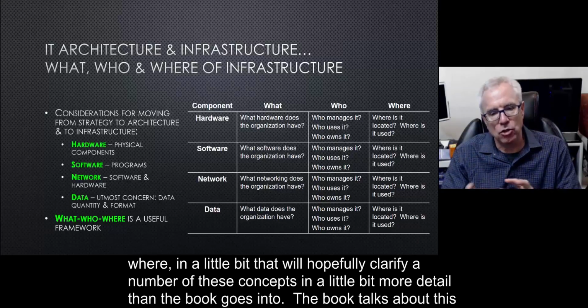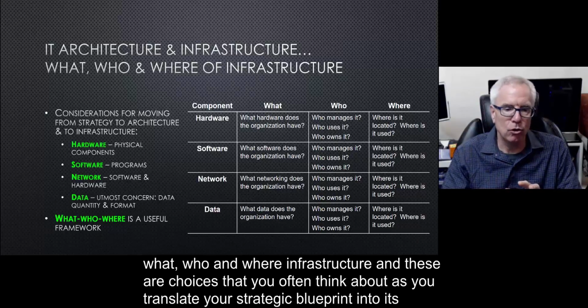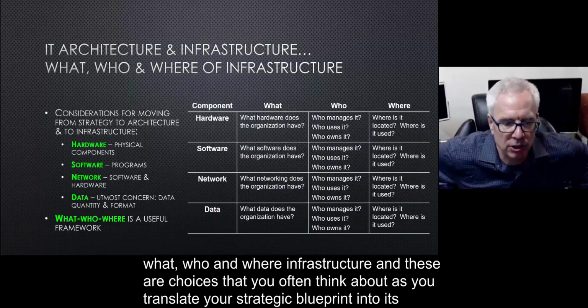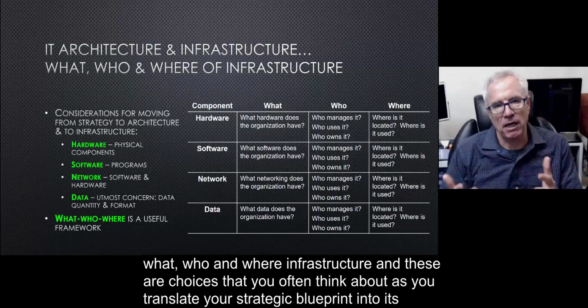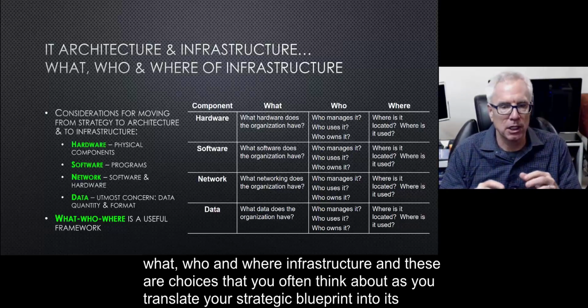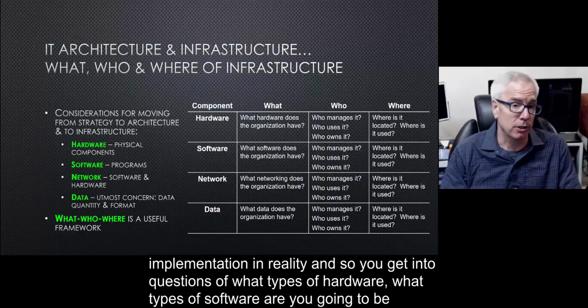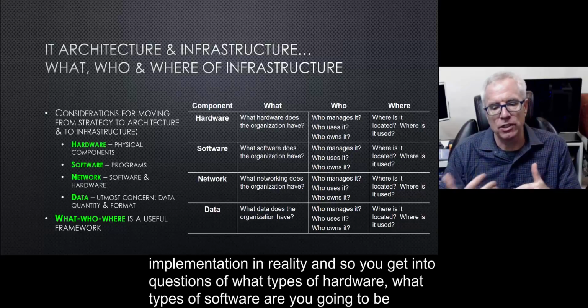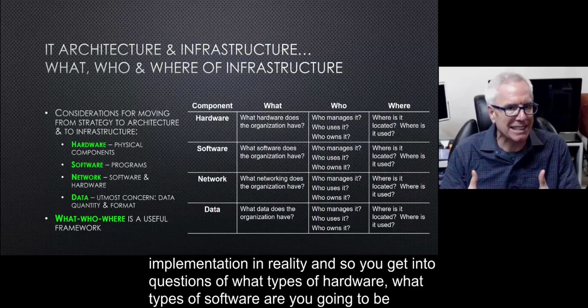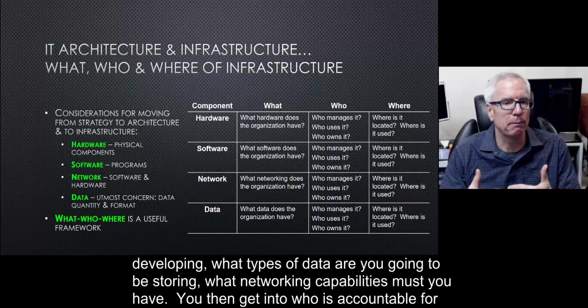The book talks about this what, who, and where of infrastructure, and these are choices that you often think about as you translate your strategic blueprint into its implementation in reality. And so you get into questions of what types of hardware, what types of software are you going to be developing, what types of data are you going to be storing, what networking capabilities must you have.